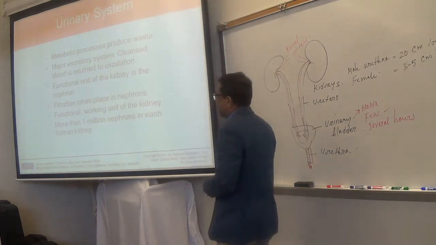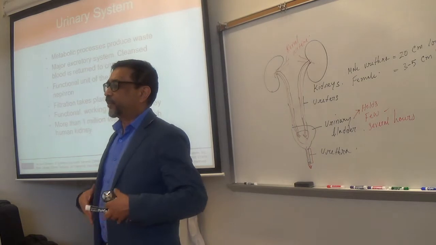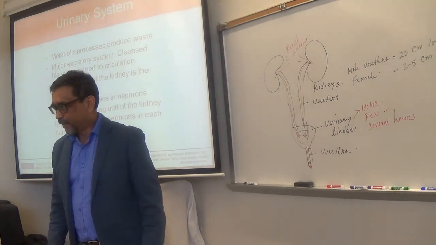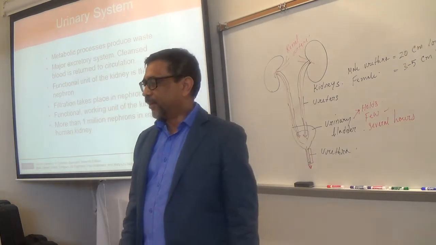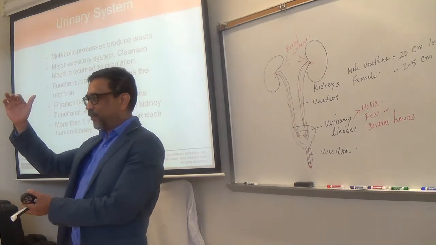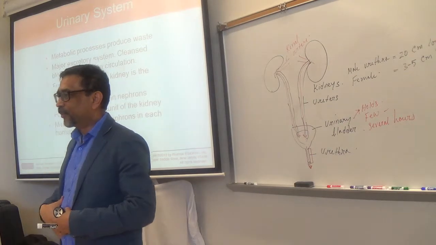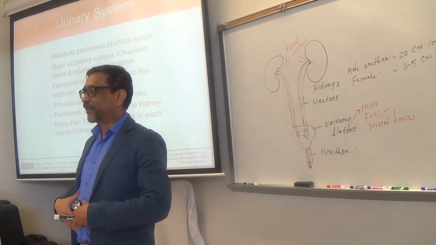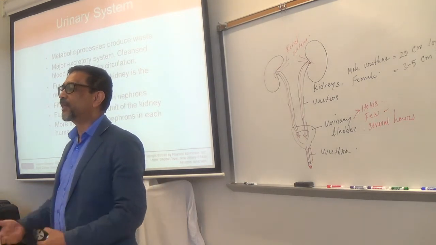Number two, your urinary system regulates the water in the body. You all know, if you drink like 5 glasses of water, now what will happen? Your urinary system will produce what? More or less urine? More urine, right? So if you drink more water, the urinary system produces more urine.